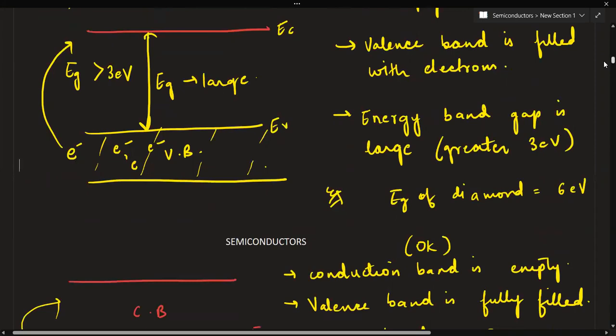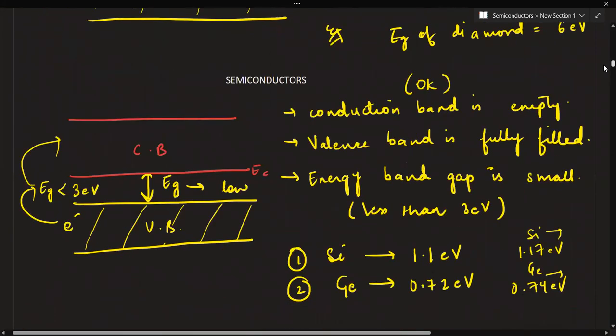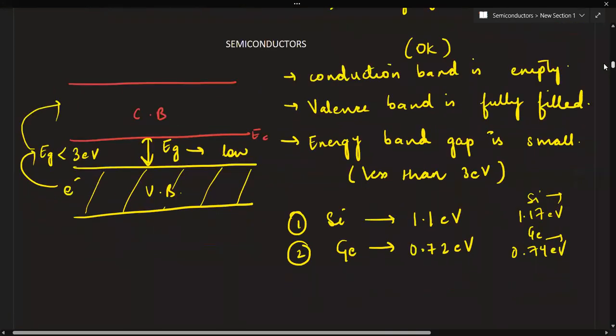Energy gap is greater than 3 electron volt in insulators, and in case of semiconductors, it is less than 3 electron volt. So you have two major examples of it, silicon and germanium. And you have to remember their energy gap, 1.1 electron volt and 0.72 electron volt.